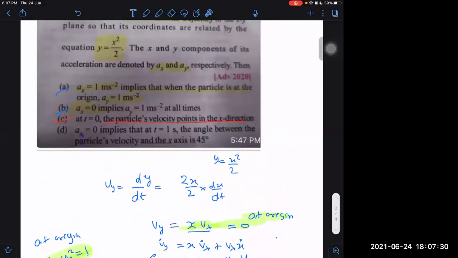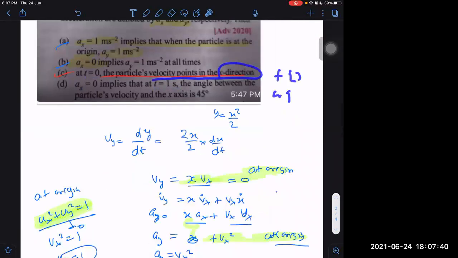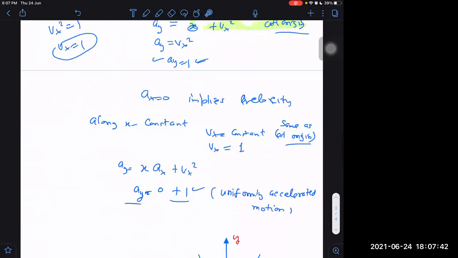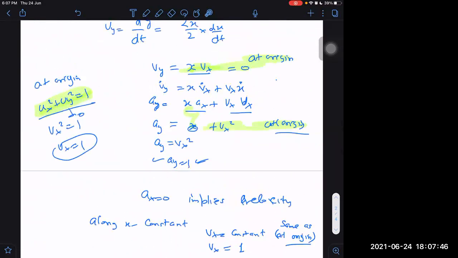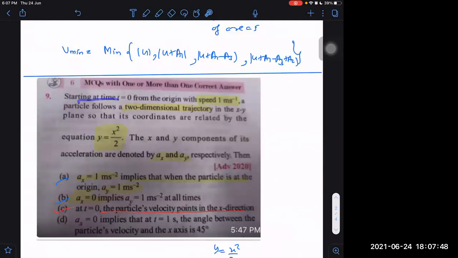Only one problem is there in option C which I am noticing. They are saying the particle's velocity is in the x direction. It could be in minus x also, either minus i cap or plus i cap. I know it is horizontal, but horizontal towards right or towards left, how do we decide? They have not mentioned in which direction.